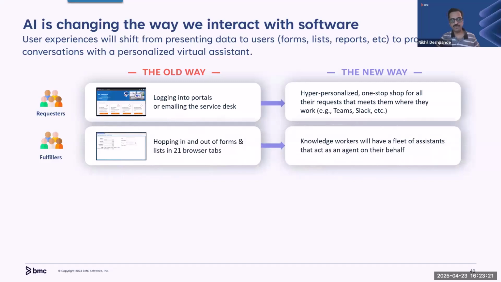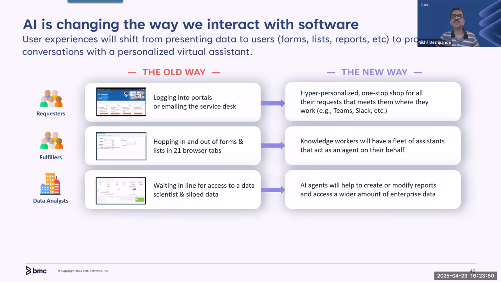The old way was for service desk personnel to manage service catalog requests or service requests across several forms or browser tabs. Now, the new way is to deploy a fleet of agents or assistants that specialize in certain activities, and they do it consistently right every time, and they do it with speed.